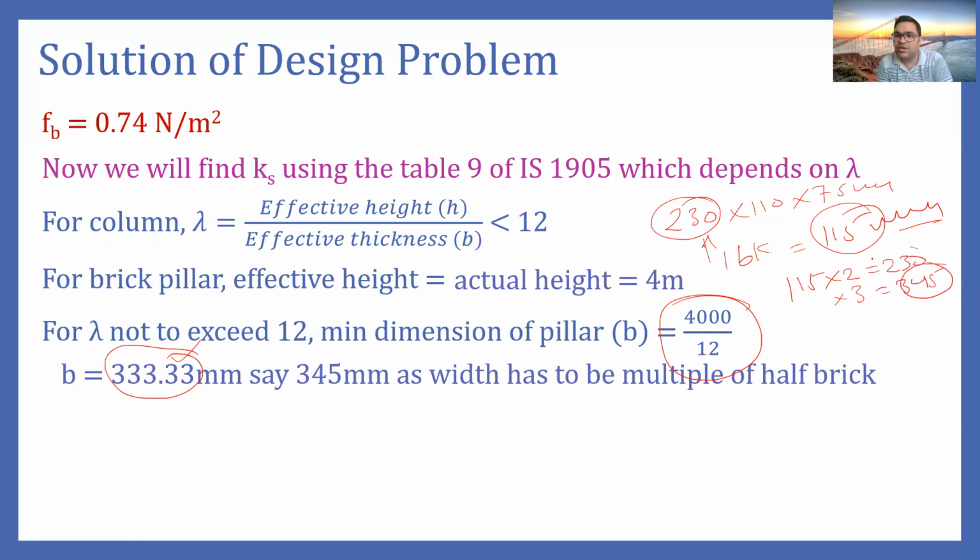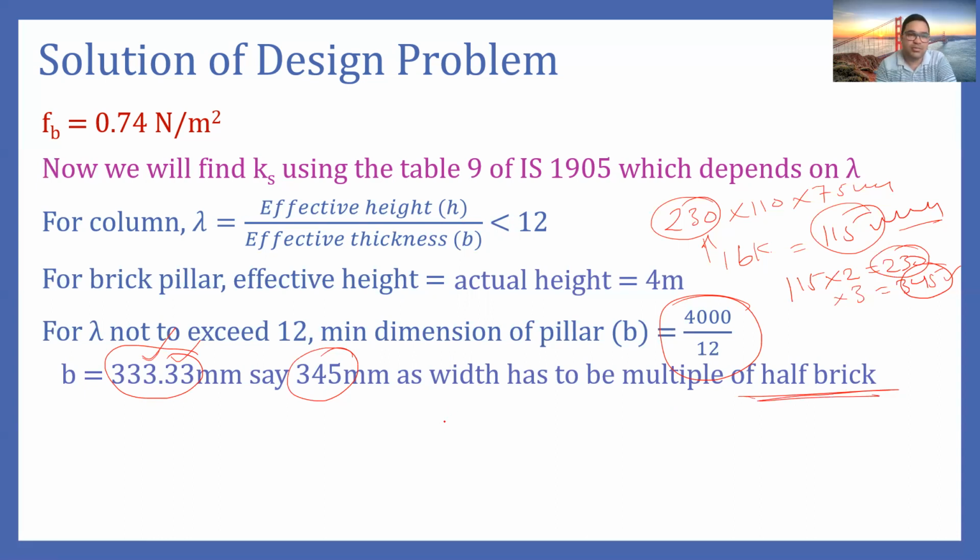You can see 230 cannot be adopted because it is less than the required value of 333. Therefore, we will increase this value to 345.